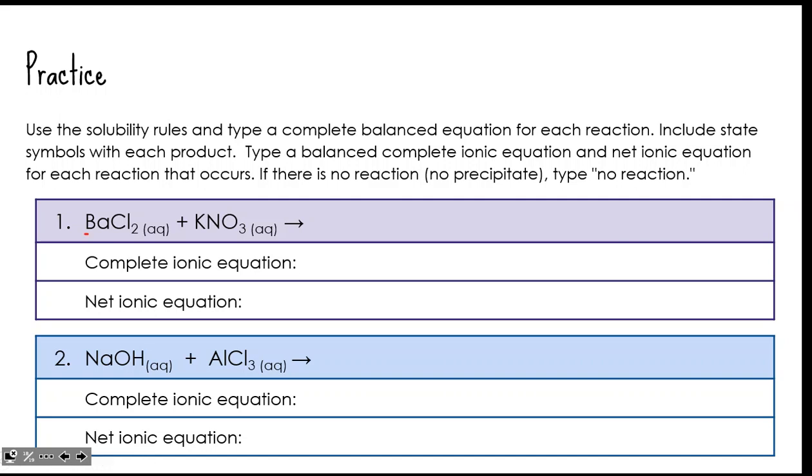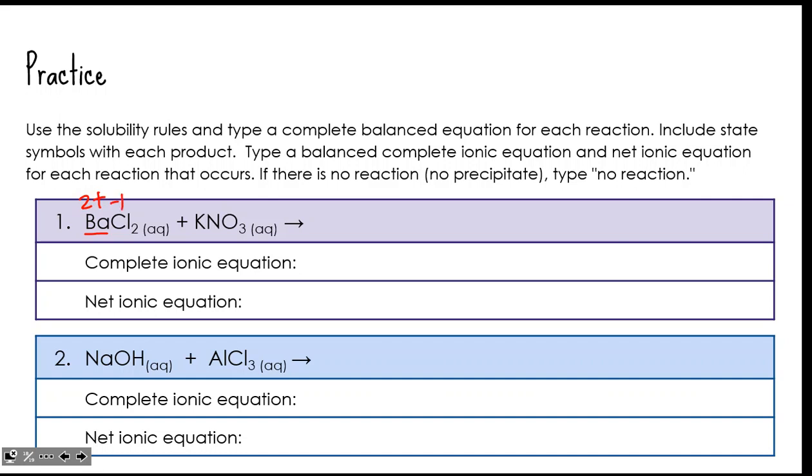So barium and barium chloride, what is its ionic charge going to be? What group is barium in? It's in 2, so it goes to +2. Chlorine, halogens, they're always what? -1.